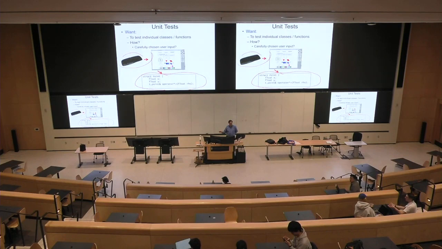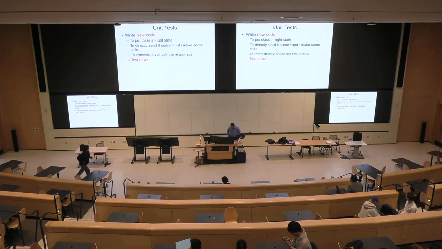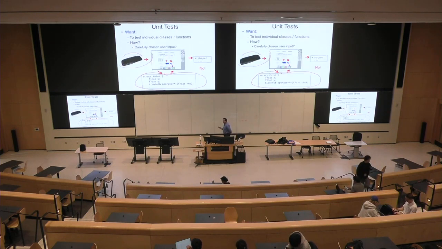So this isn't how you make unit tests. You don't try to carefully craft your user input and then carefully measure output. Why not? Basically, you don't have enough control this way. This is how you do system level tests. Sending some input into my program, I don't know that I've gotten this point class into the right state to check maybe the equality operator.